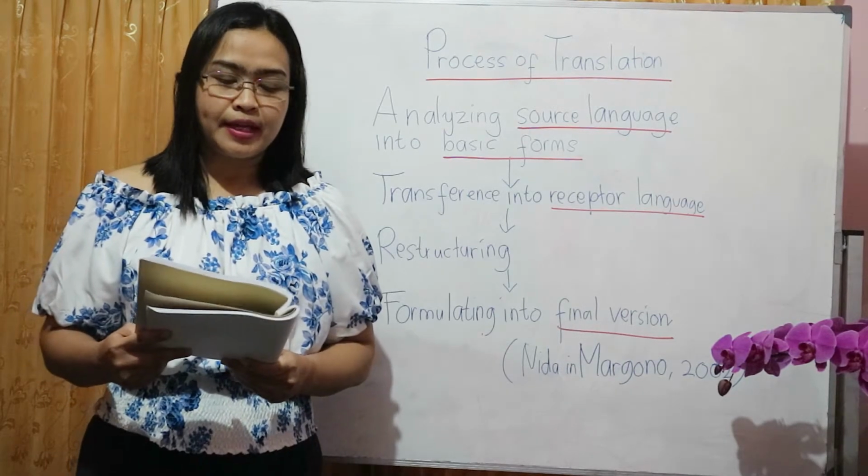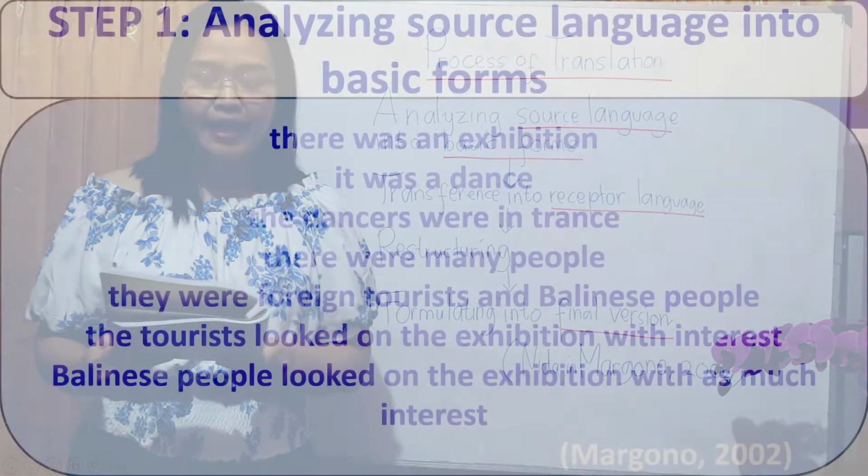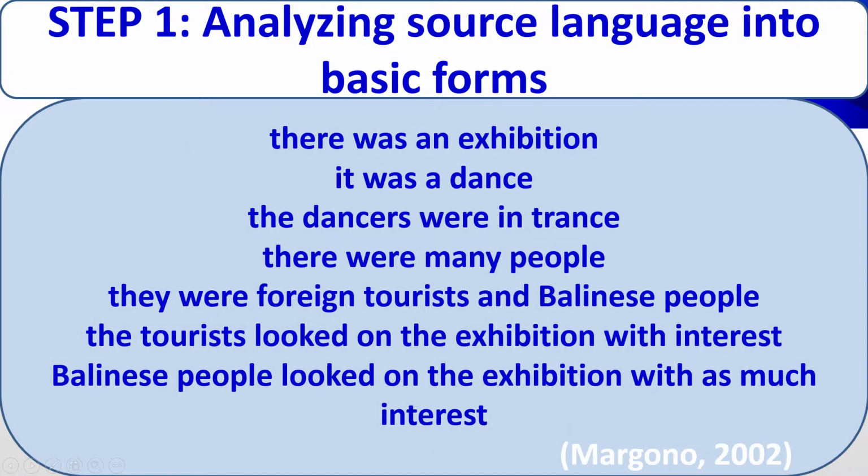First, the first step is analyzing source language into basic forms. In this step, the translator must think of the basic forms of the sentence in English. So there are several basic forms that can be identified.